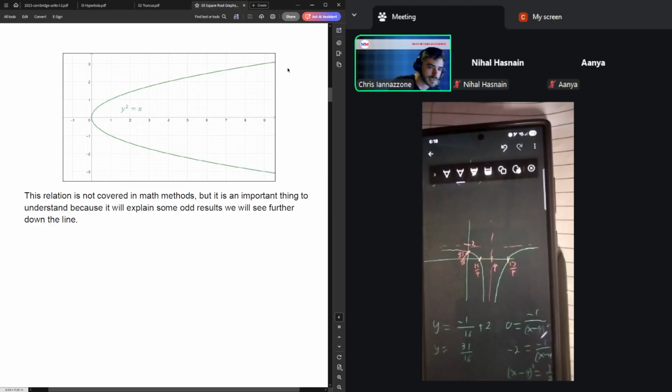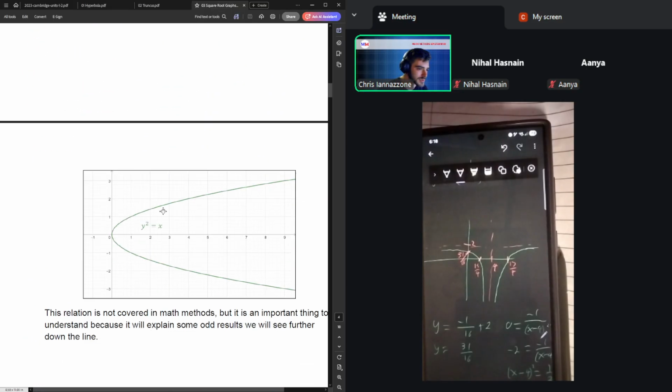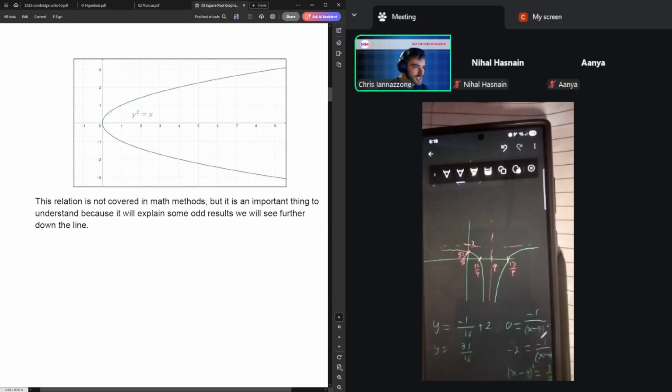The difference being that functions can only ever have one y value for any given x, whereas with this one, say for instance x equals 2, that has two possible y values. This one over here, only one possible y value for the x. That's the difference. Relations are very rarely taught in methods, if at all. They're just there in the textbook to give a bit more detail as to what's going on.